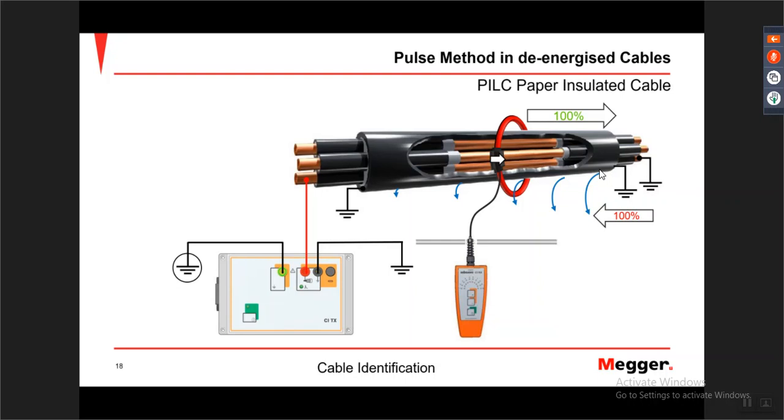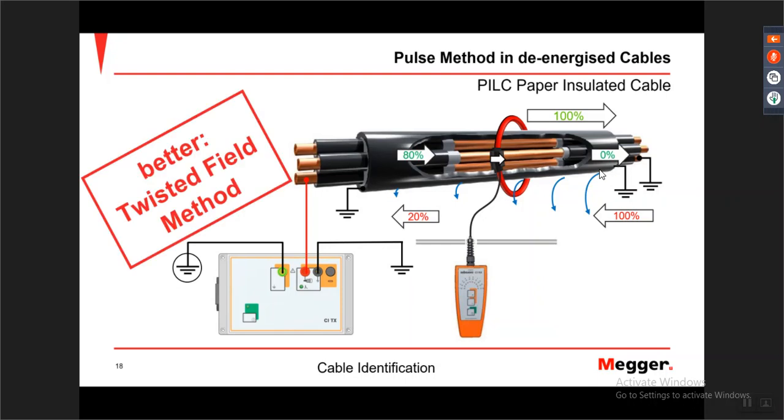Where 100% goes out and 100% comes back through the sheathing, that splits, so you get 20% at the other end as it dissipates through the core itself. This is where we would use the twisted field method, which we'll look at later in the presentation.